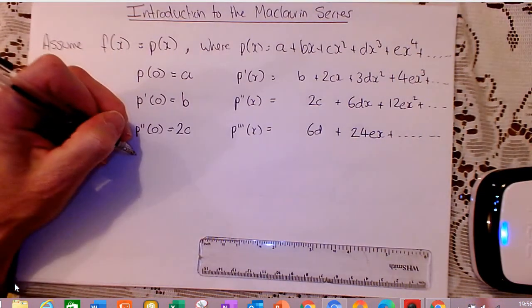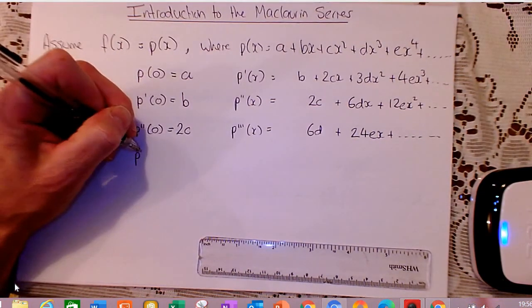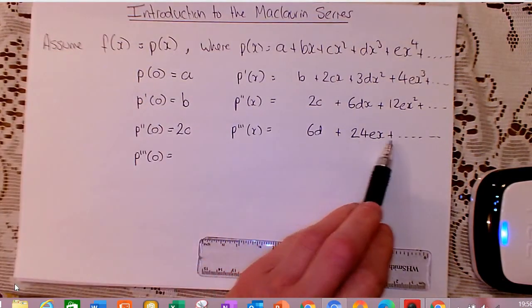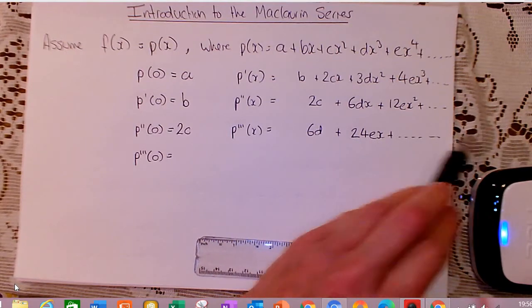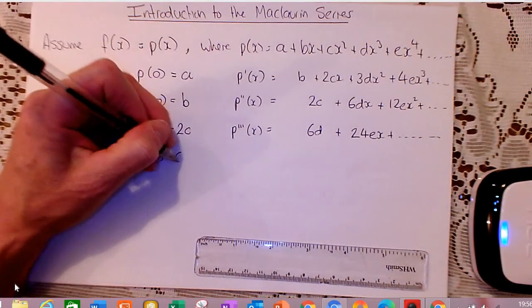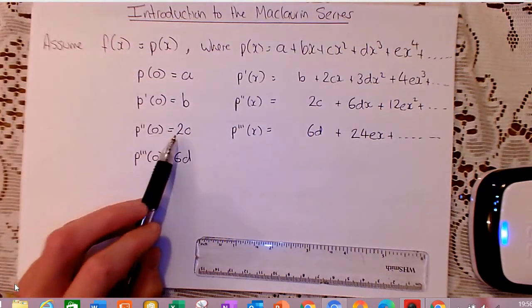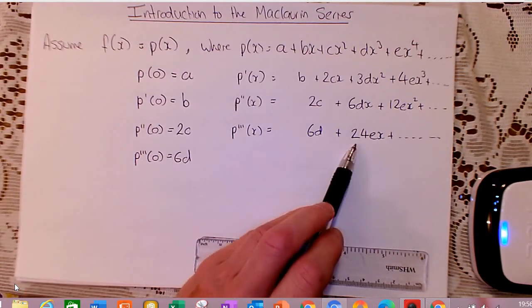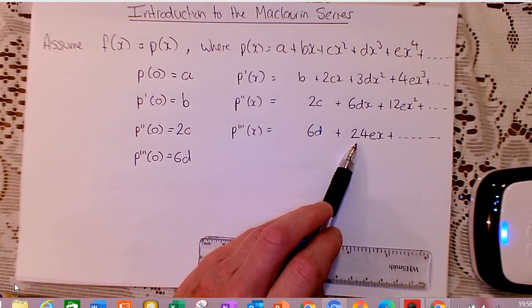And we can soon work out the third derivative when x is 0. All of these further terms will disappear because x is 0. So I'm just left with 6d. Think of that as 2 times 1, think of that as 3 times 2 times 1, and remember this came from 4 times 3 times 2 times 1.